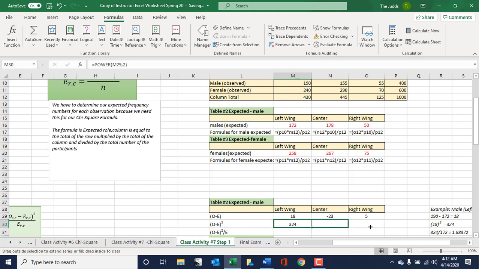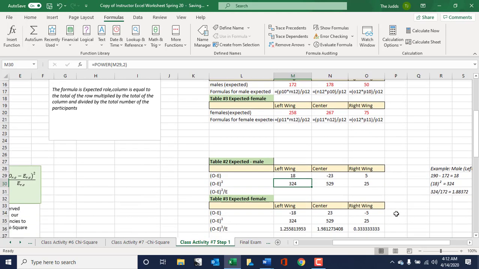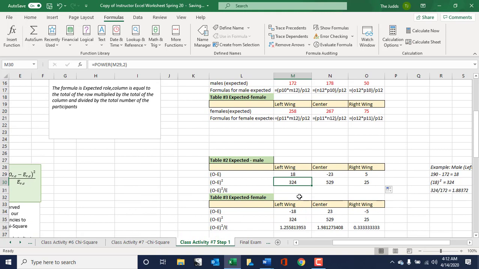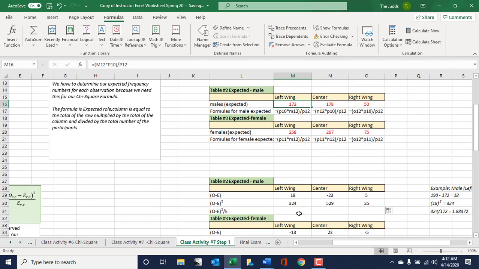And we're going to do the same thing here. And then we want the observed minus the expected squared, which is here, divided by the expected, which was up here, which is the 172.